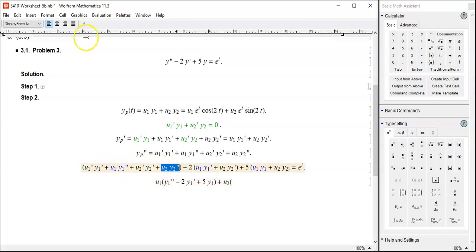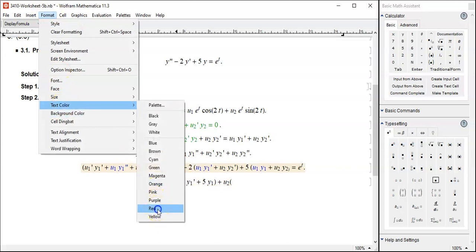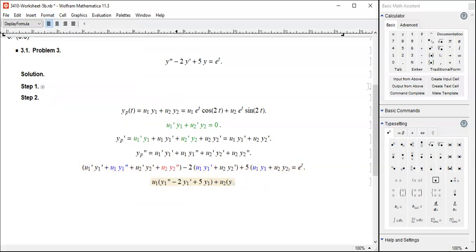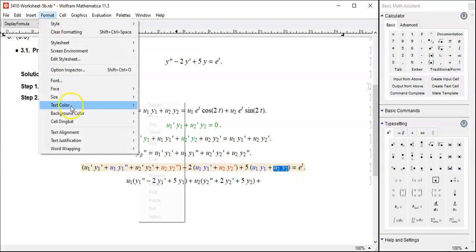Here we go: y2'' minus 2y2' plus 5y2. By the way, I forgot the derivative here. And this one, which I'm highlighting in red.